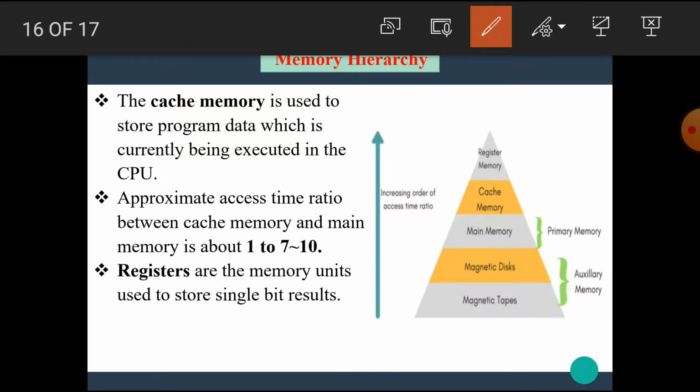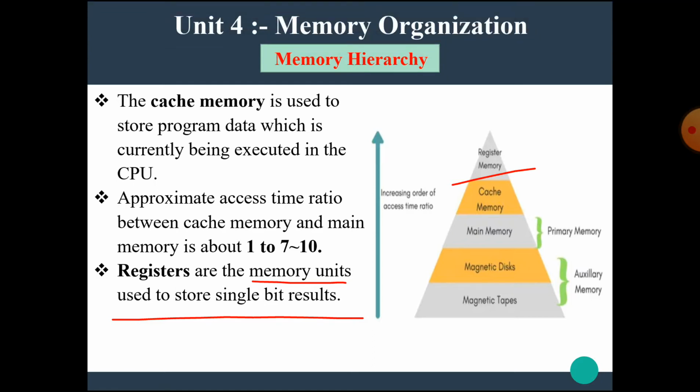Approximately the access time ratio between the cache memory and the main memory is about 1 to 7 or 10. The last one, or at the top, is the register. The registers are the memory units used to store the single bit results during the execution in the CPU. I hope you all understand the memory hierarchy.